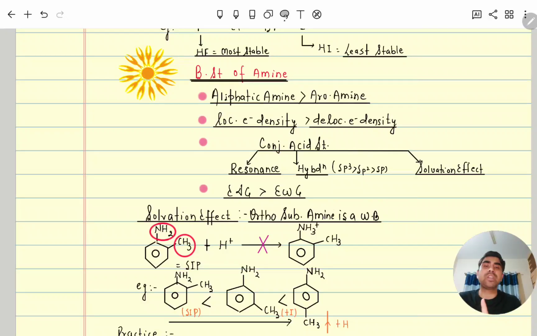If these two rules are null and void, then whatever amines are given, first you write its conjugate acid and compare the conjugate acid's stability, not strength, stability.